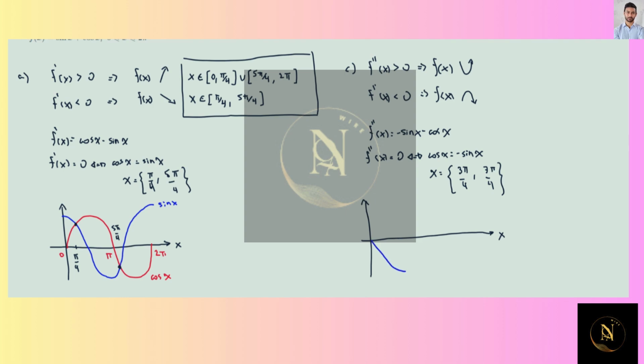I'll draw it in red. So this here is minus the sine of x. And in blue is the cos of x.